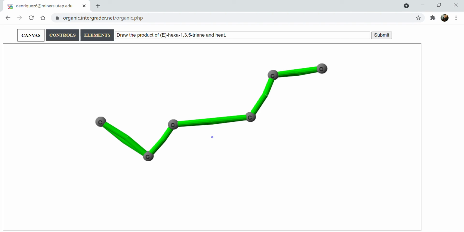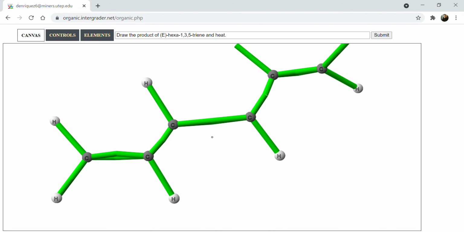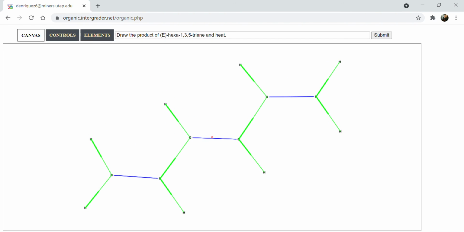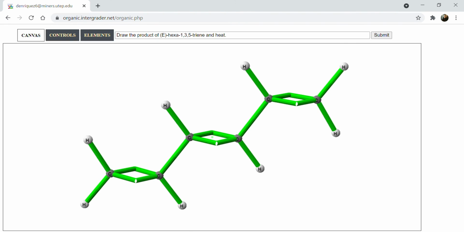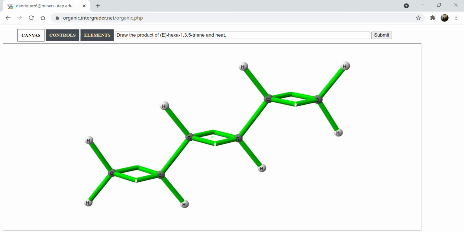Okay, so it should look something like this, and then I'll add my hydrogens, hit arrange. And I'm thinking that it wants this answer because this is actually more stable than making a ring, because the ring would be 4 members and then 2 methyls at the bottom.